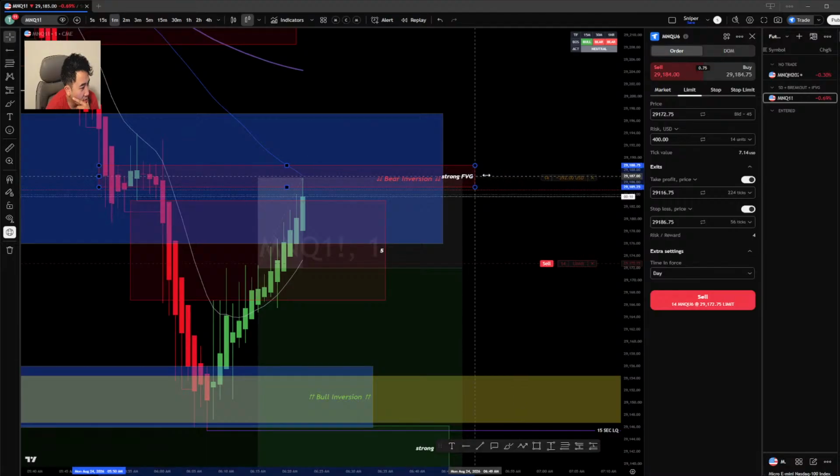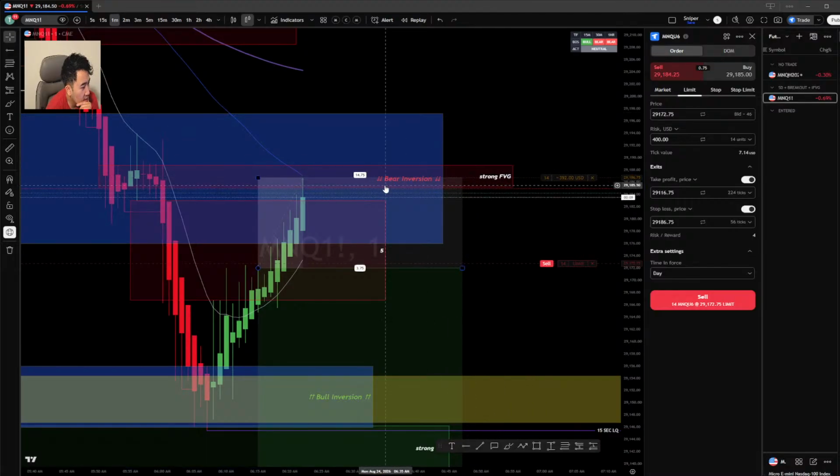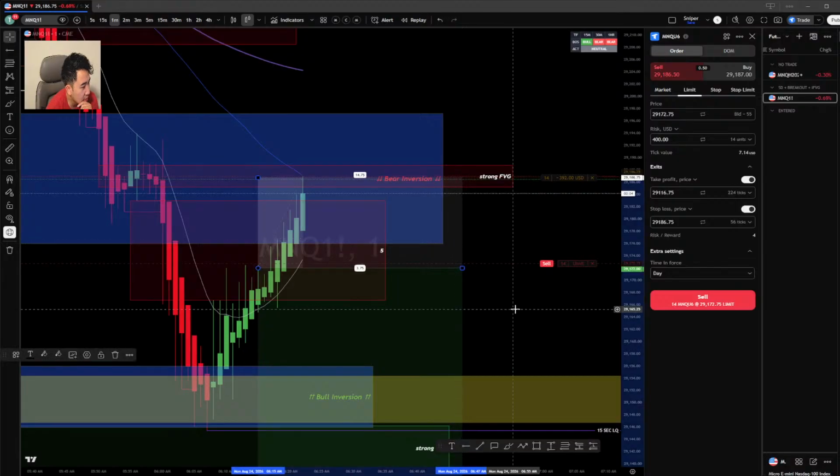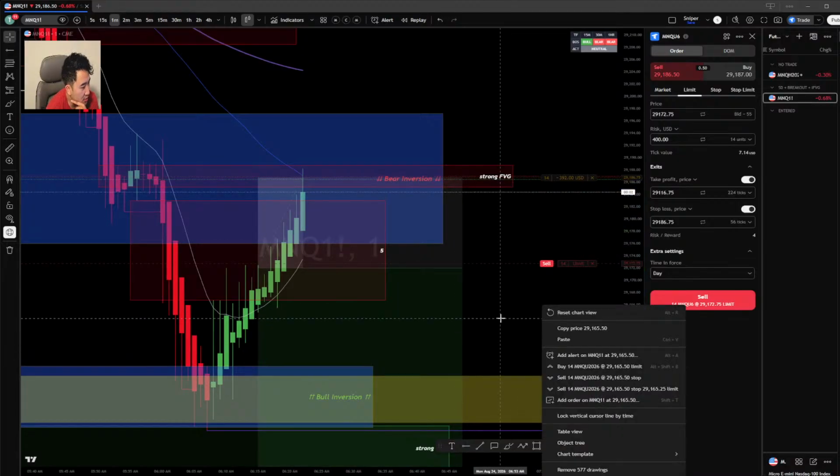Right now we're in a strong bearish gap and then bearish inversion, so this area is pretty strong here, so let's see if it holds up. If not, it can just reverse all the way to the upside.